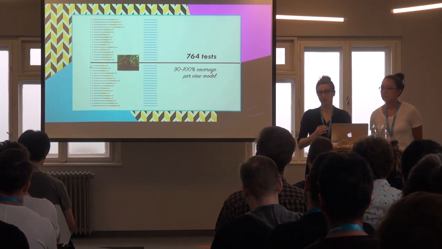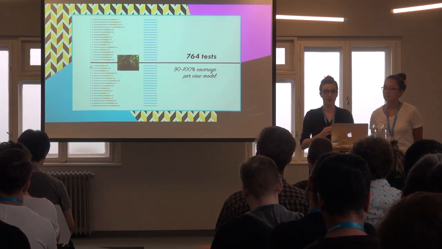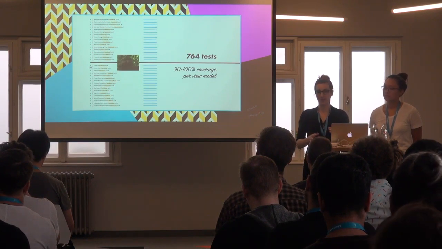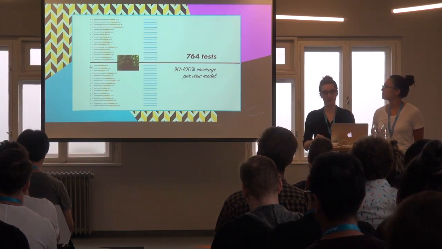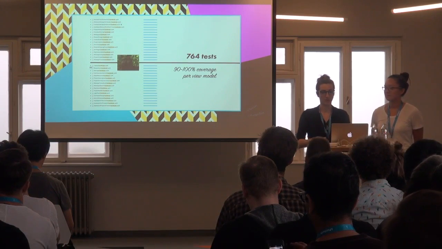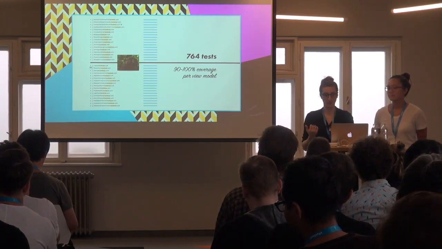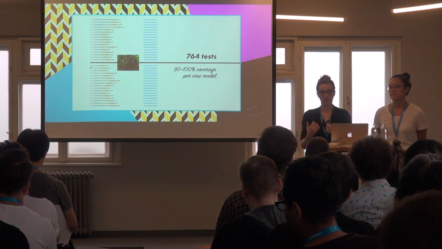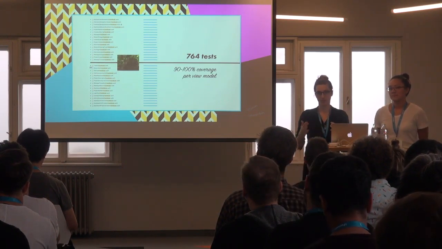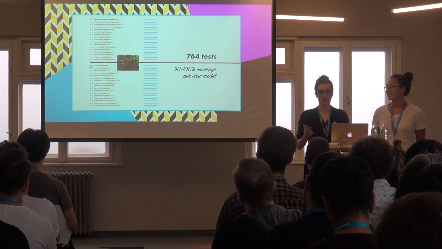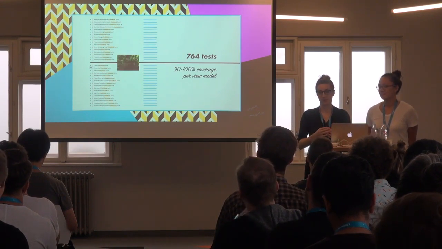We try for 98 to 100% coverage on all of them. We don't always get that because we don't have a lot of time, but we try for it, and we're actually up to 764 tests, which is kind of amazing if you think about it. And I think it really speaks to how easy it is to create tests with this architecture.